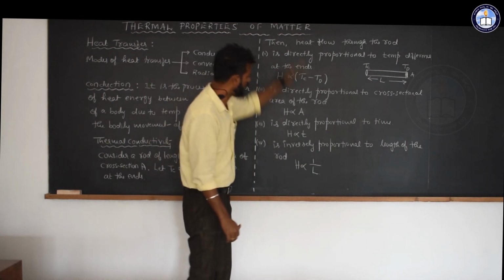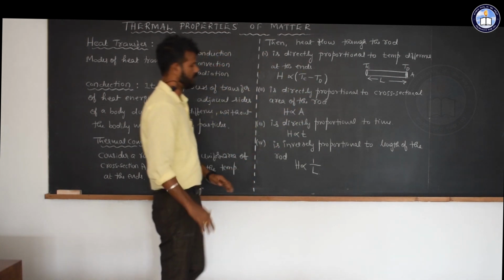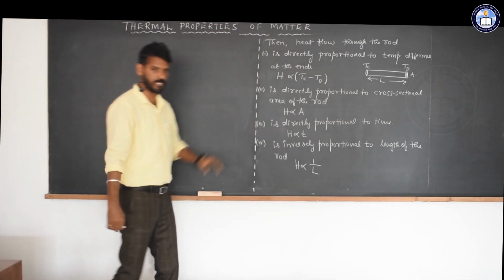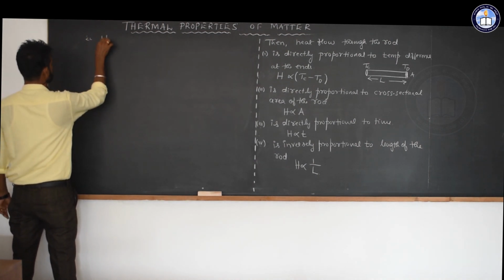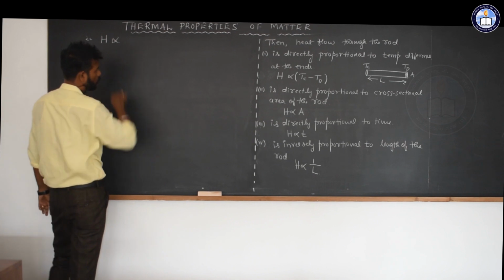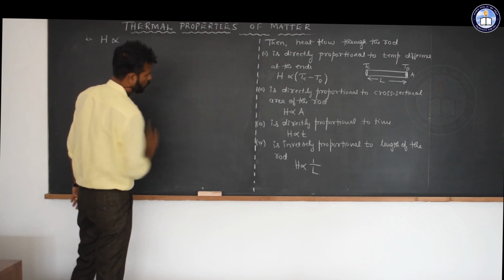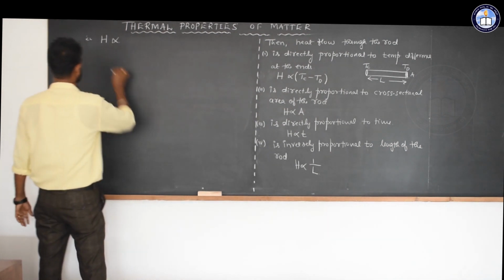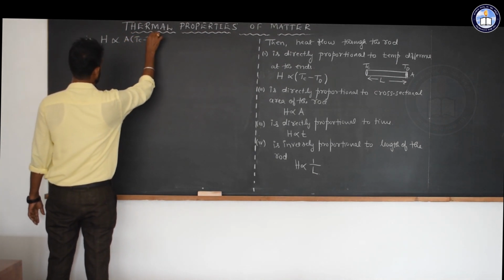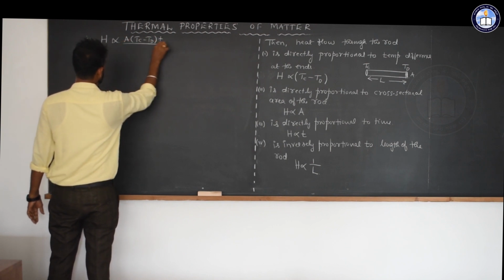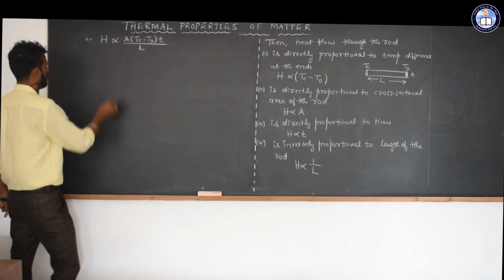Okay. Now, clubbing all these four relations, we can obtain what is thermal conductivity. Let us club all these things. Heat flow H is directly proportional to Tc minus Td, directly proportional to A, directly proportional to time. Therefore, H is directly proportional to A, Tc minus Td into time T divided by the length L. Now let us replace this proportionality symbol.